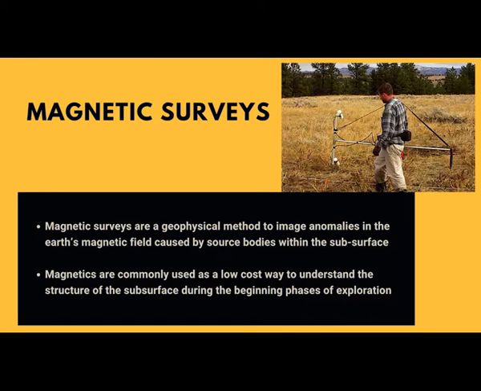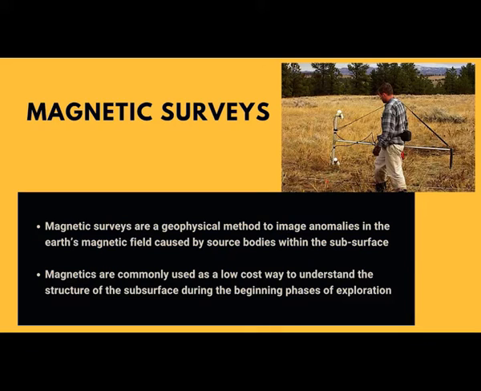Magnetic surveys. Magnetic surveys are a geophysical method to image anomalies in the Earth's magnetic field caused by source bodies within the subsurface. So, as I said earlier, the oil is trapped between different kinds of rocks. That is, it is in between the impermeable rock and the sedimentary rock, and it is available in the reservoir rock.